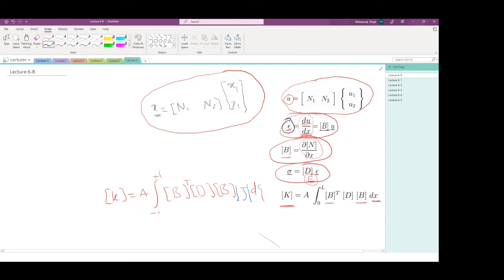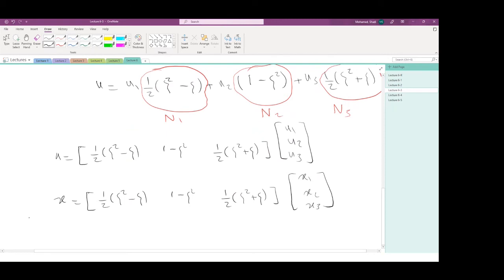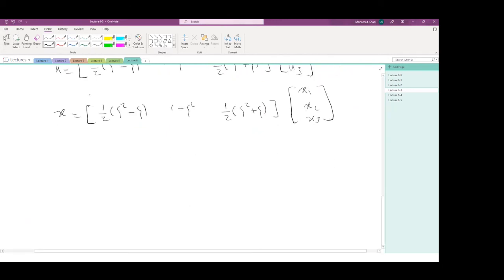And the B matrix, as I said, is just the inverse of the Jacobian multiplied by n1 with respect to xi, n2 with respect to xi, and n3 with respect to xi.